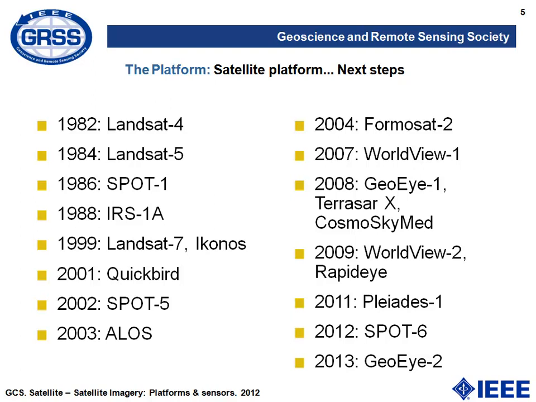Constellations offer the possibility of the same sort of satellite and the same sort of sensor on different platforms, so revisit times and the possibility to take images are greatly improved. But also with TerraSAR and COSMO-SkyMed, we have the possibility to obtain radar information at a resolution of a few meters, 2-3 meters.